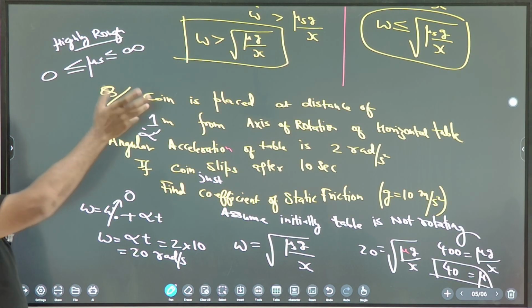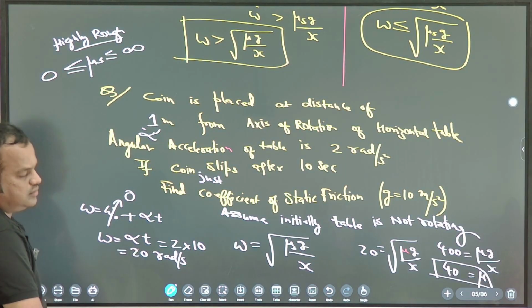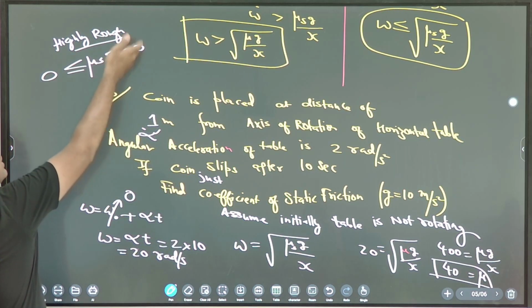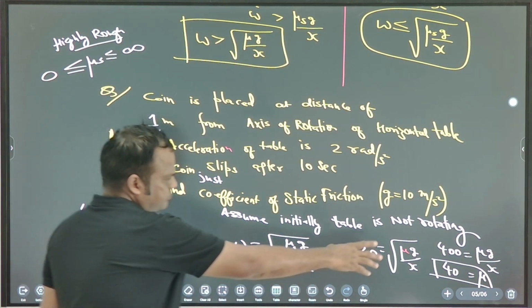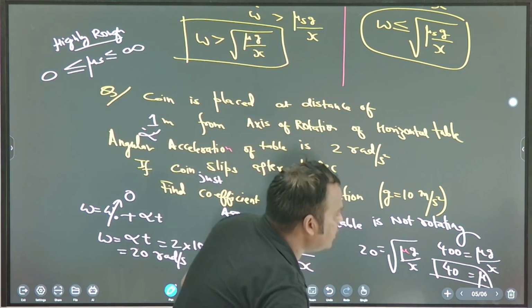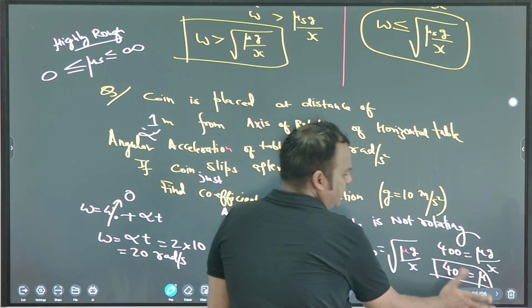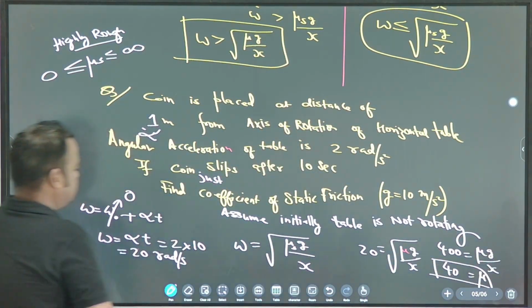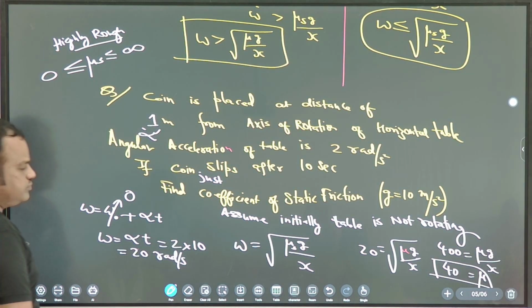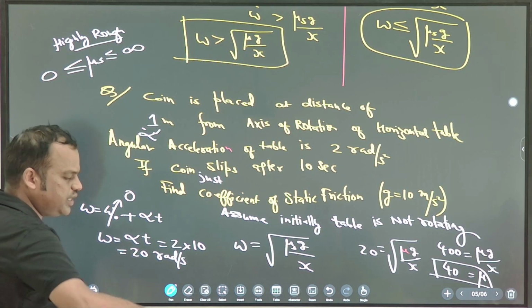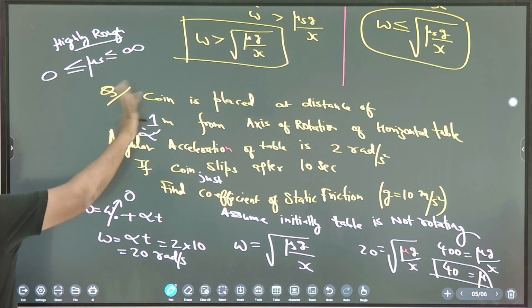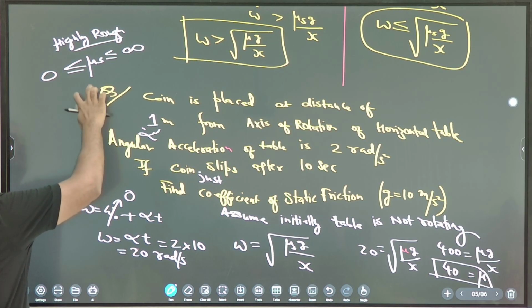Infinity. It will stick perfectly. It cannot slip because mu s is very large. If the Fevicol is not good quality, after some time it will slip. Understood? You increase the speed, omega, it will slip. Okay, done.